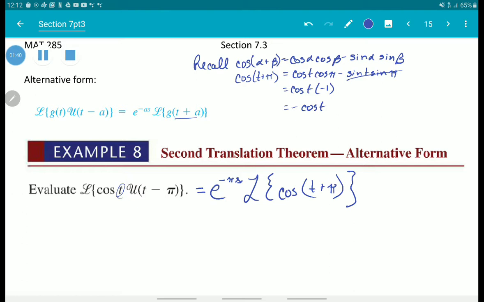So this guy's going to simplify nicely. You always want to simplify before you try to find the Laplace. If you can, it's just going to make life easier. And then we could pull that negative out.